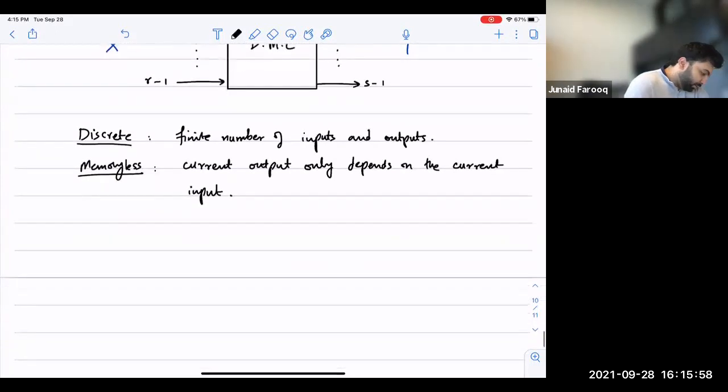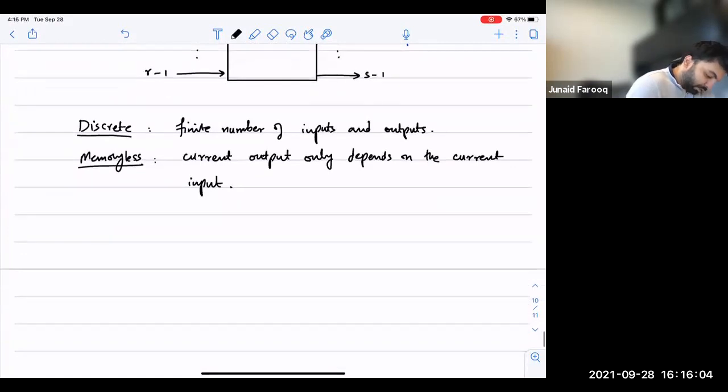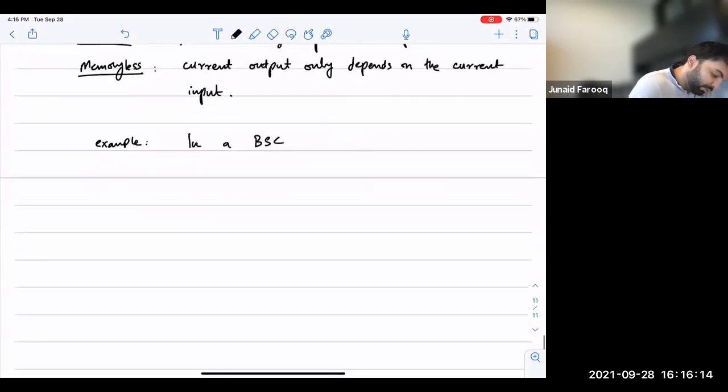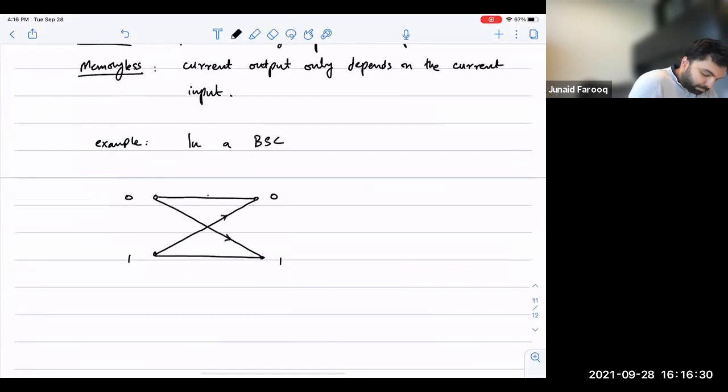Now, for example, the binary symmetric channel is an example of a DMC. So in a BSC, basically you have discrete inputs, 0 and 1, and they get mapped to discrete outputs with probabilities as follows.